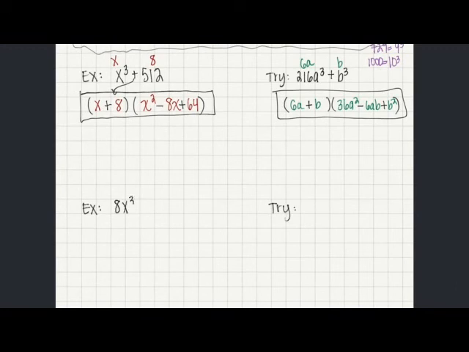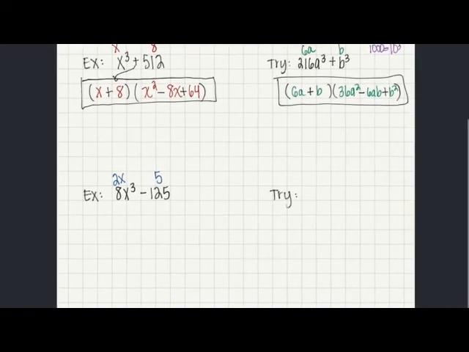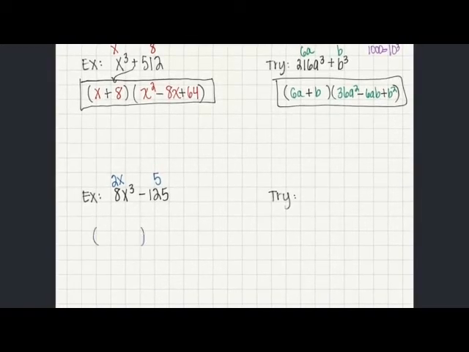Okay, here's another example. We've got 8x cubed minus 125. 8x cubed is a cube of 2x. 125 is a cube of 5. So in our small parentheses, I have 2x and 5.